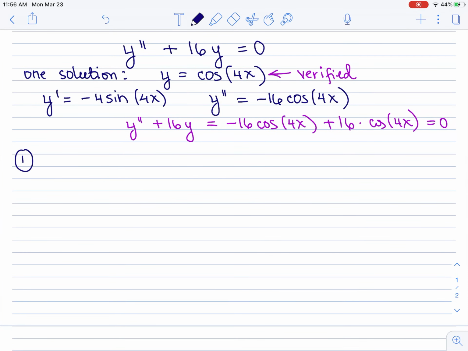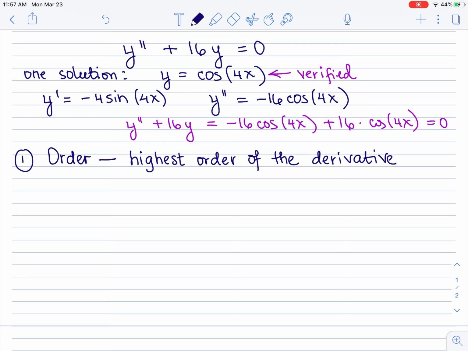First thing that we need to discuss is the order. The order of a differential equation is the highest order of the derivative in the actual equation.